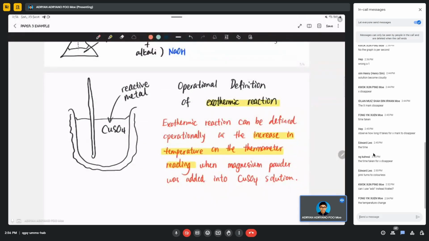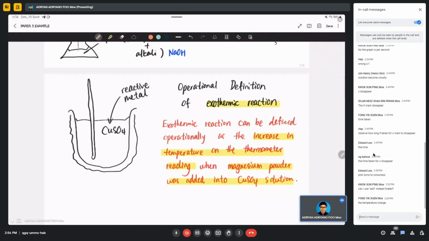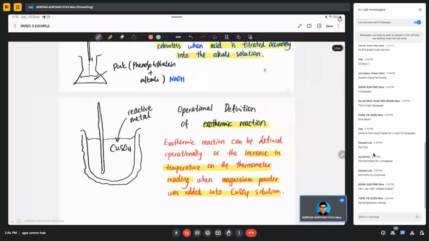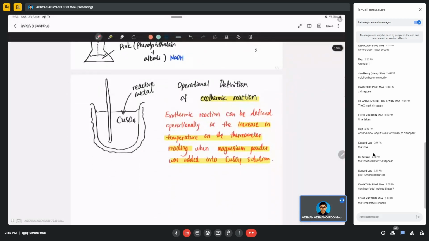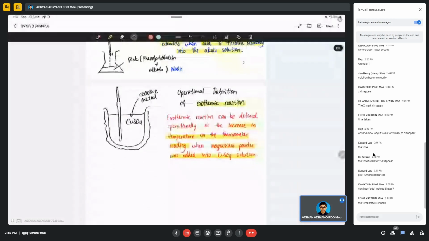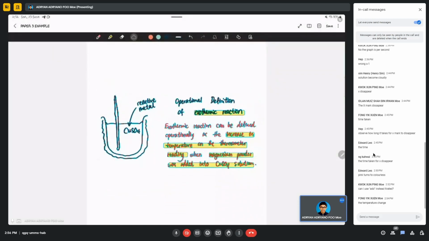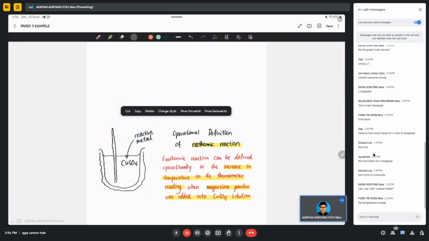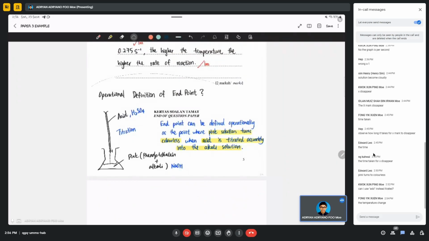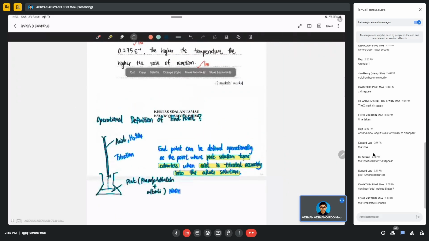This is what I observe. And then what did you do? When the magnesium powder is added into CuSO4 solution. This is what I did. So that's operational definition. Whenever you have an operational definition, don't be nervous, because as long as you clearly know what you should observe and what you did, then you have no problem. It's the same thing.